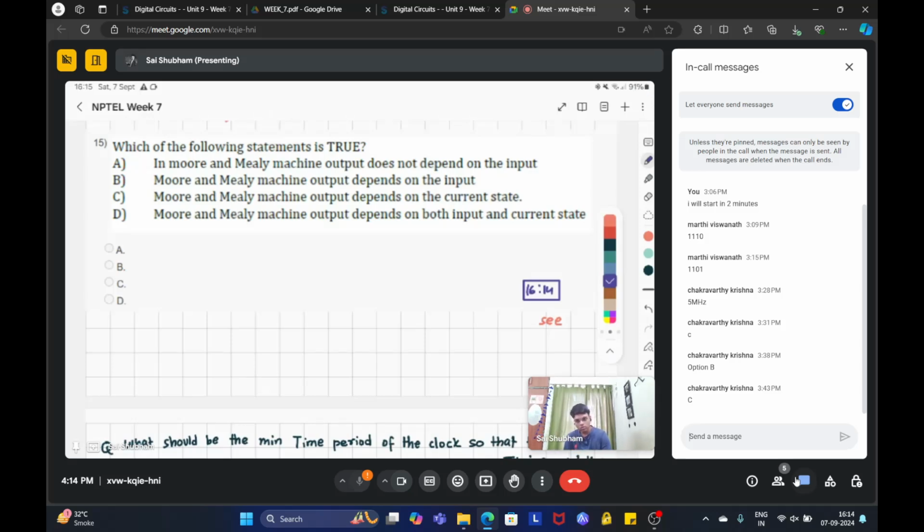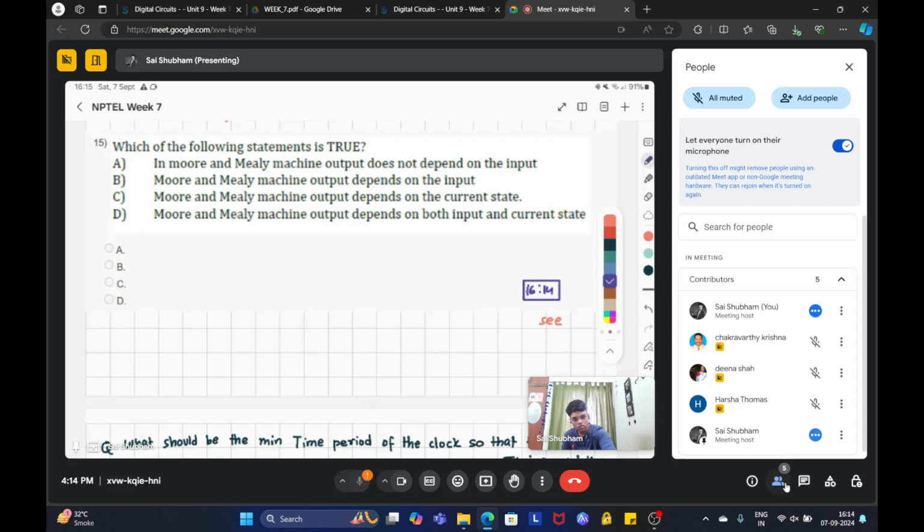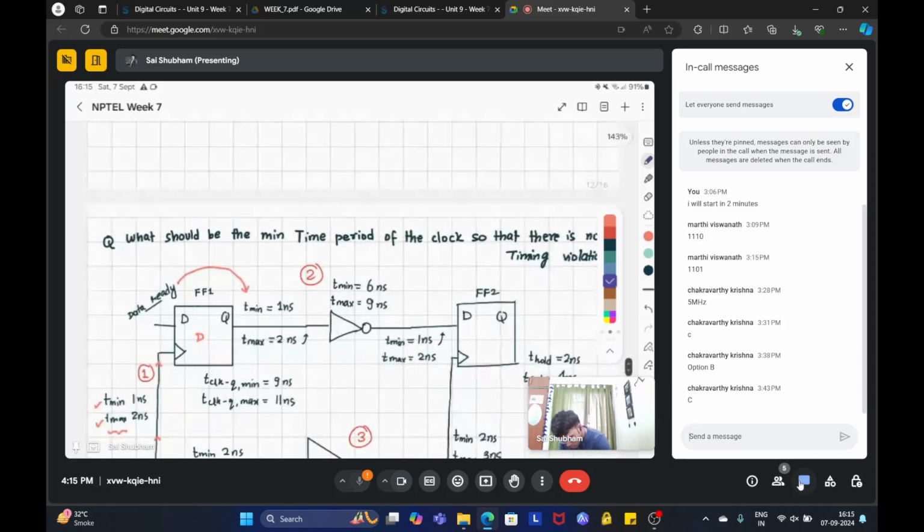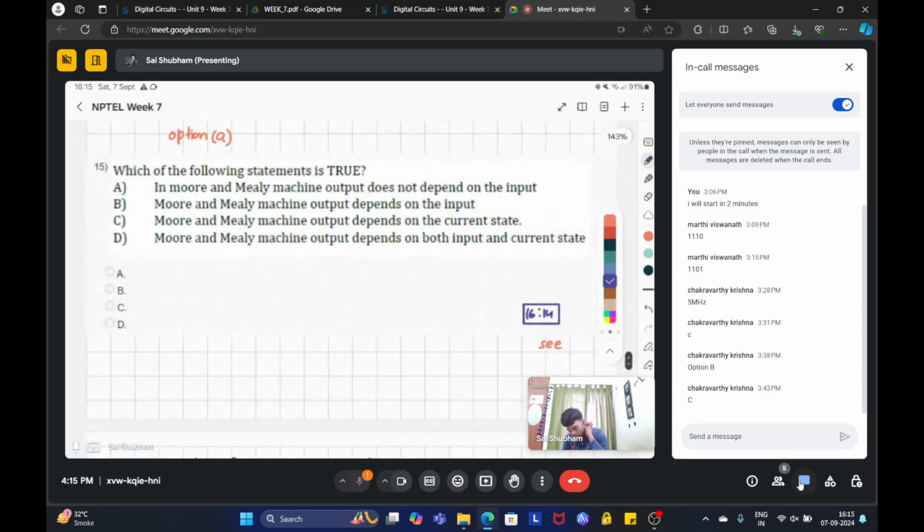Option C is correct. Yeah, so option C is the correct answer.